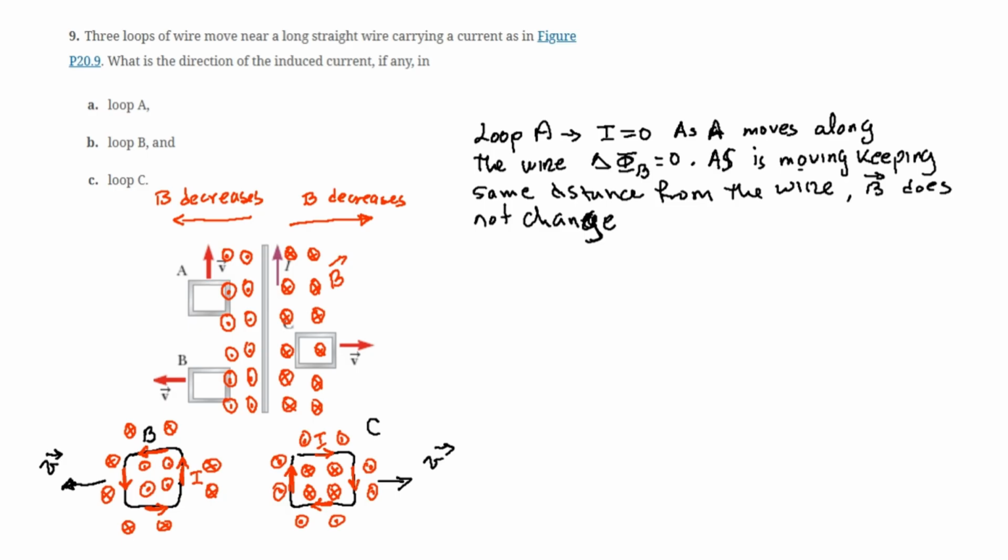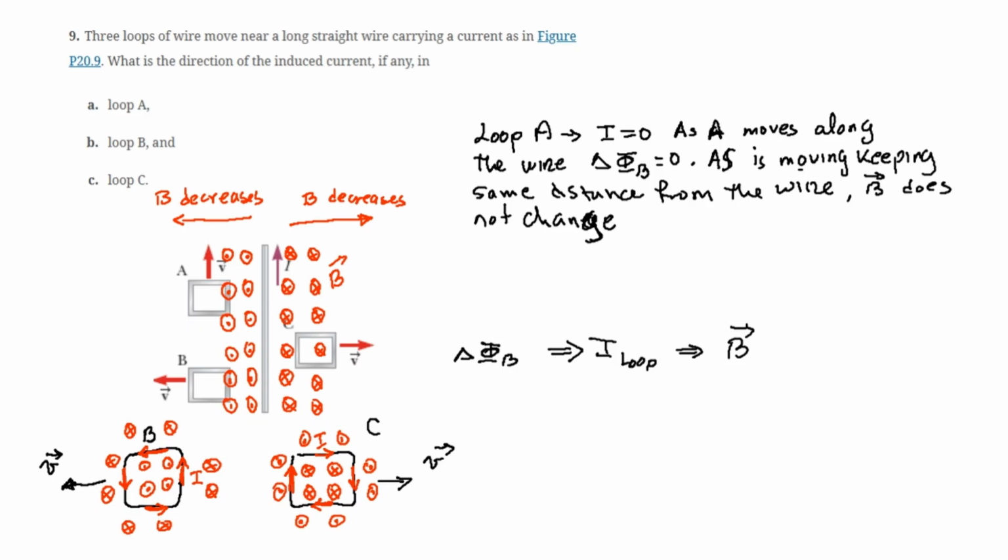So you have a decreasing magnetic field as loop B and loop C move away from the wire. There is a change in the magnetic flux which induces a current in the loops, but that current in the loops will induce a magnetic field that will oppose what? The change.